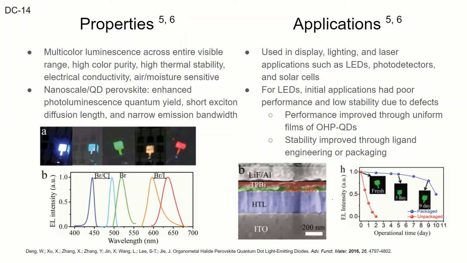Interactions with air and moisture can also produce defects. These challenges are being addressed by stacking uniform films of OHP quantum dots and improving stability by varying ligands during synthesis and packaging the final product to protect the crystals. We'll get to talk more about packaging shortly in the next slide.